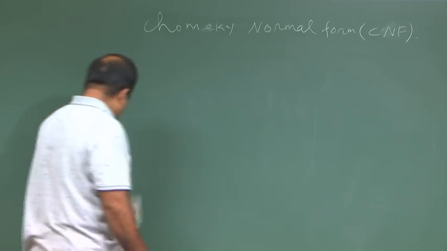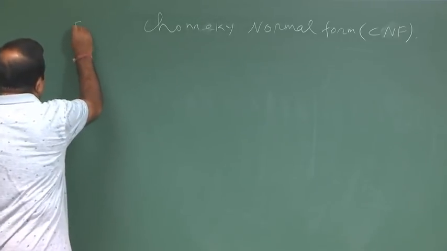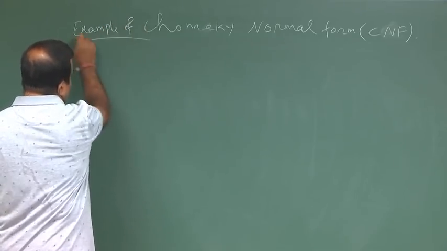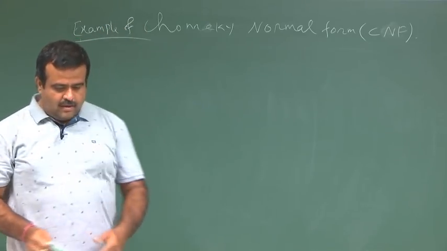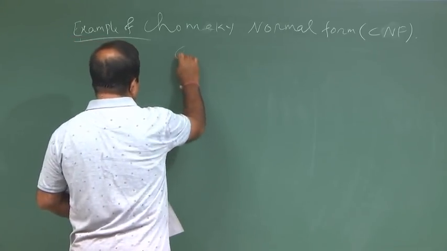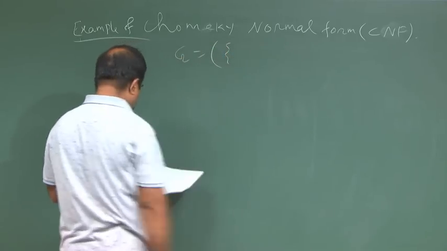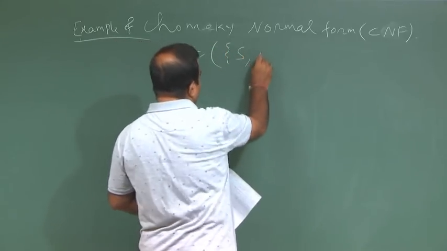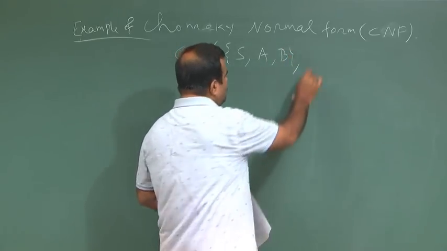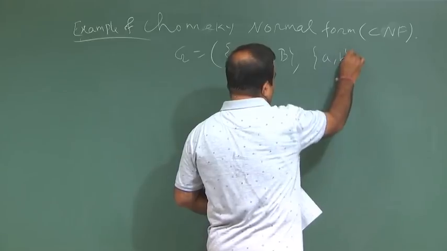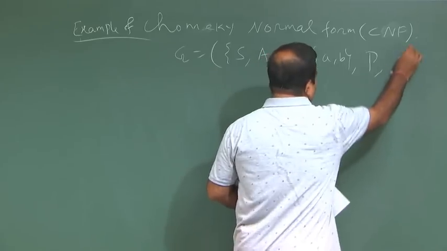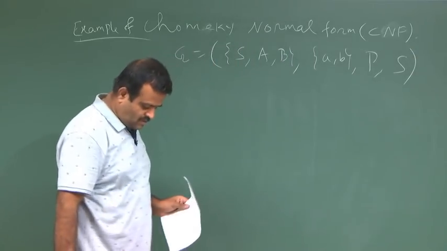So, an example: we take a grammar like this. We have 3 variables S, A, B, and we have terminals, say small a, b. P we have to define, and S is the starting variable.